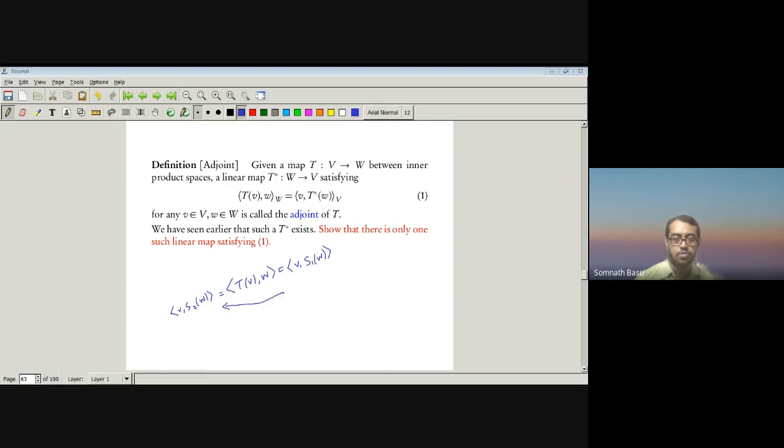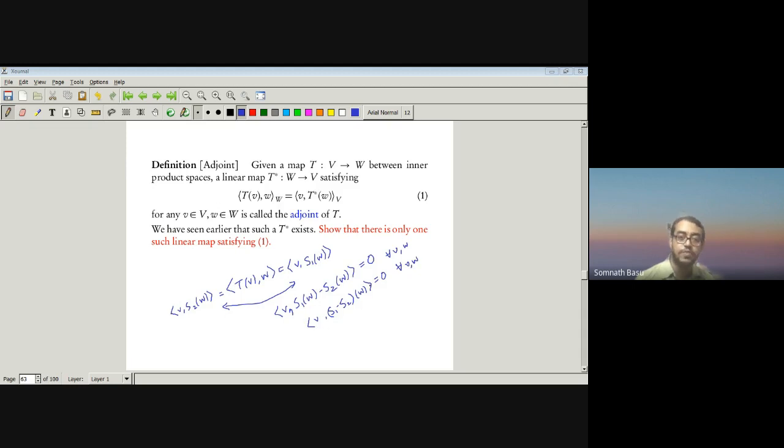But now I can just look at these two. What do I get? The inner product of v with S1(w) minus S2(w) is 0 for all v and w, where v belongs to V and w belongs to W. Why can you conclude that S1 is equal to S2 from here?